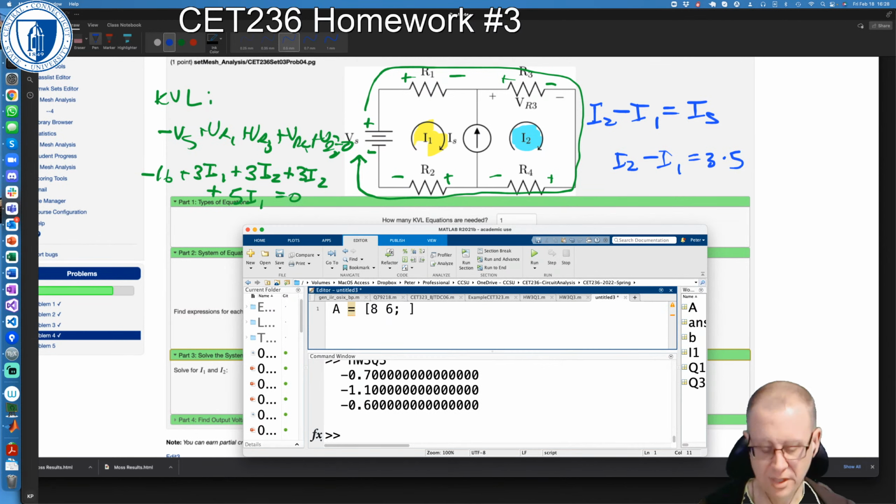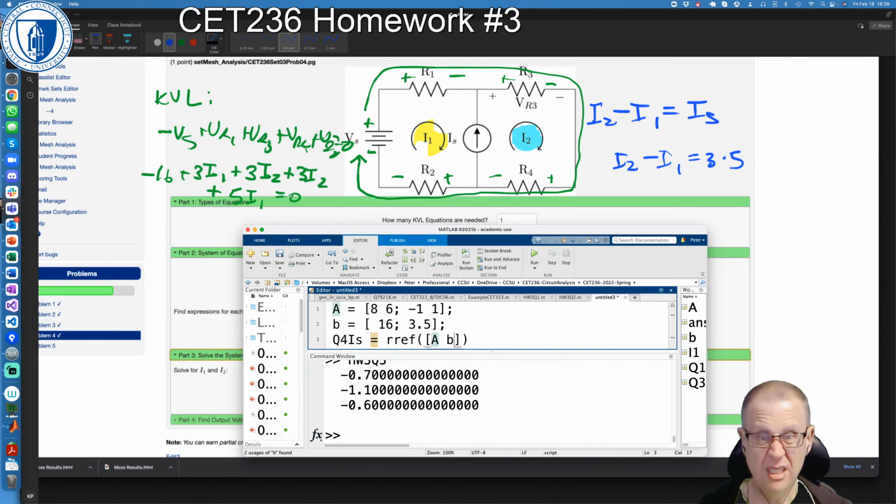And my I1 coefficient is minus 1, and my I2 coefficient is 1. So there's my A matrix. My B matrix is 16 and 3.5. And this is Q4 I's equals RF and AB.